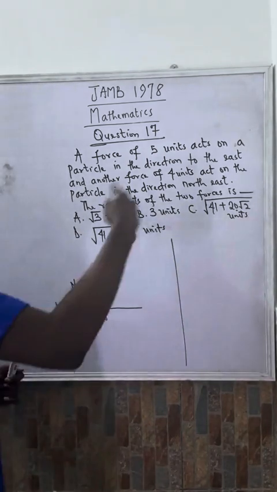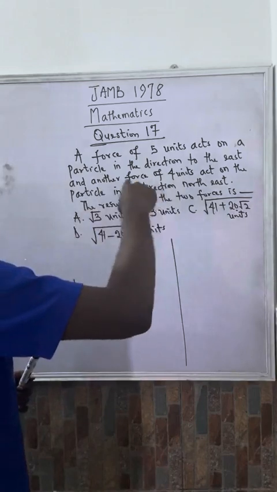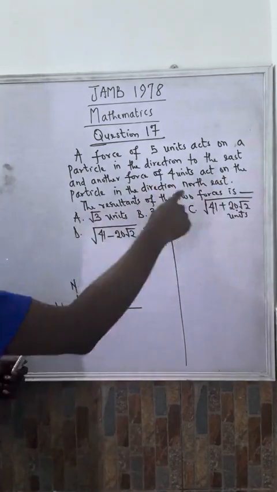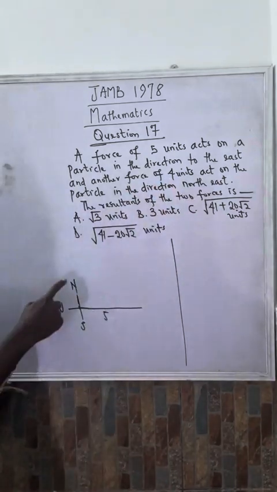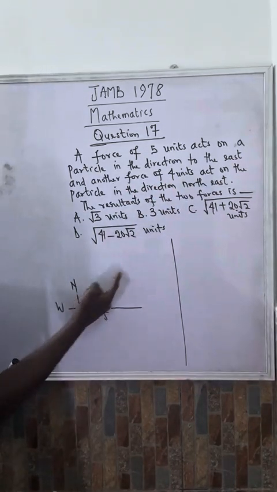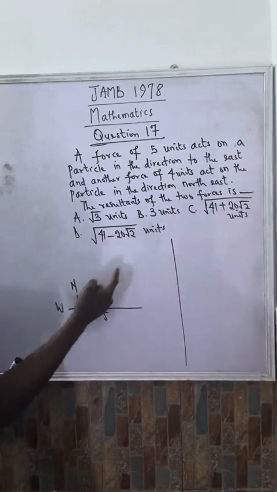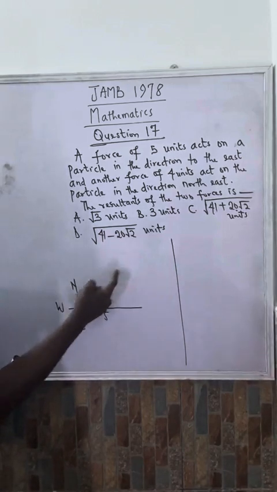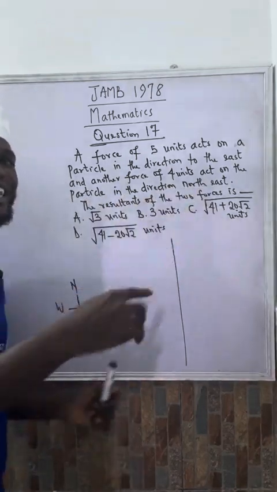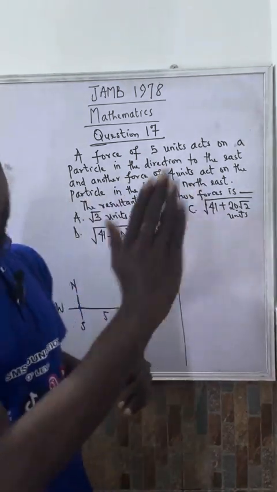Now, another force of 4 units acts on the particle in the direction northeast. So where do we have northeast? This is the northeastern direction. Anything going along this straight line is northeast. Since they say northeast direction, it means it is halfway.